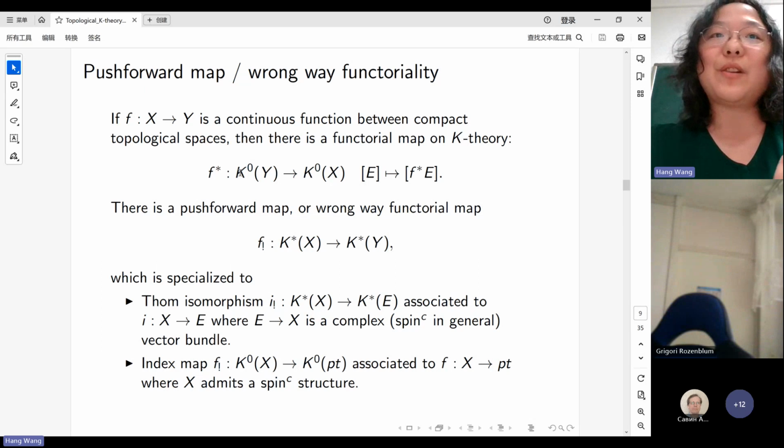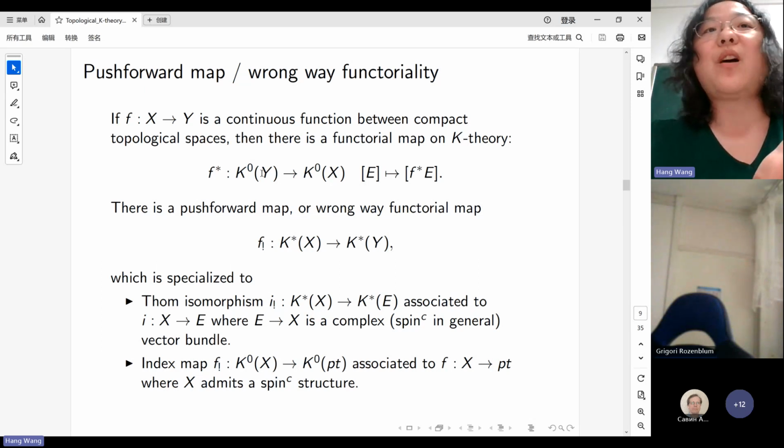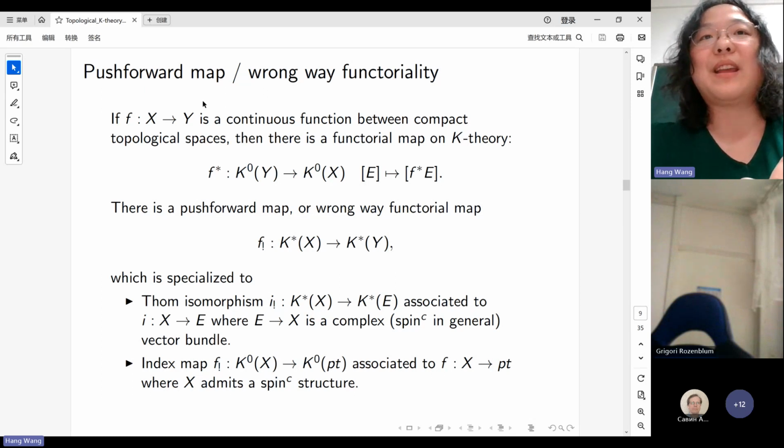Recall that topological K-theory of a space is the Grothendieck group of complex vector bundles over that space. Given a continuous map and a vector bundle over Y, one can pull it back to a vector bundle over X, and that is a natural functorial map.